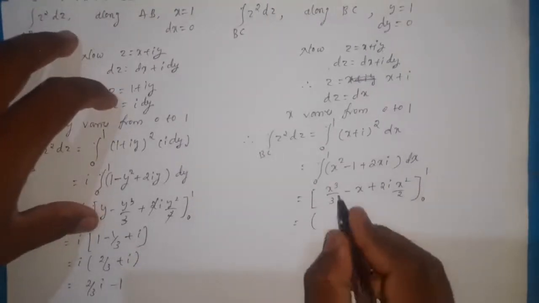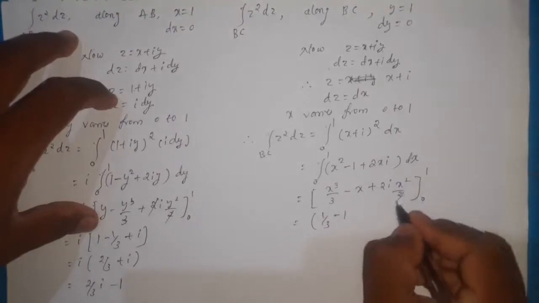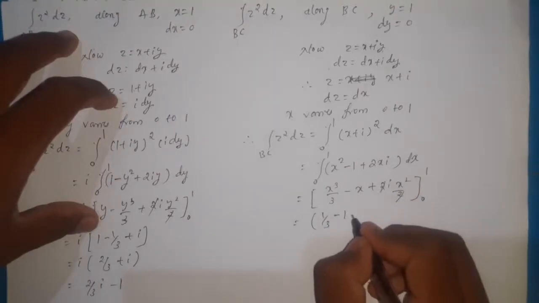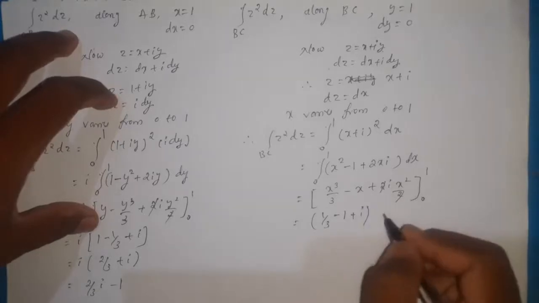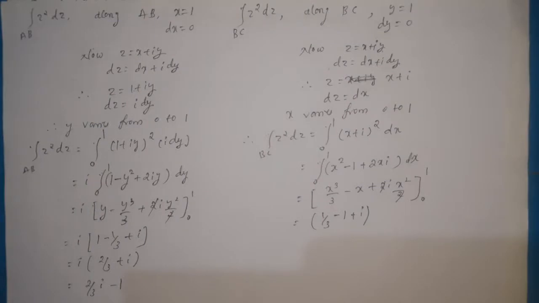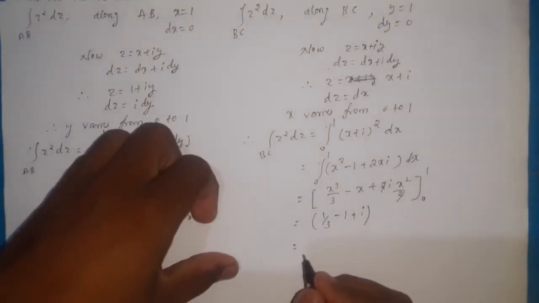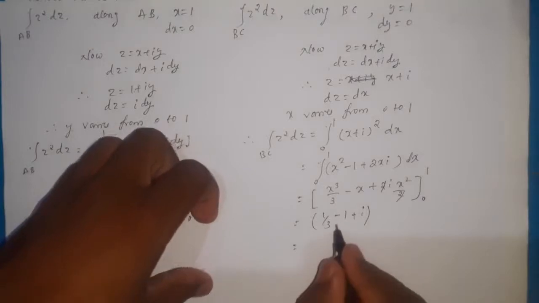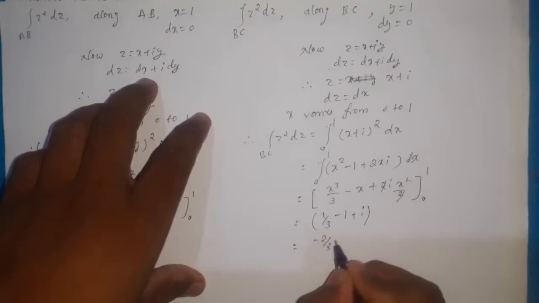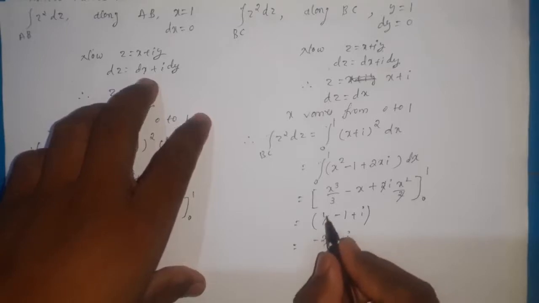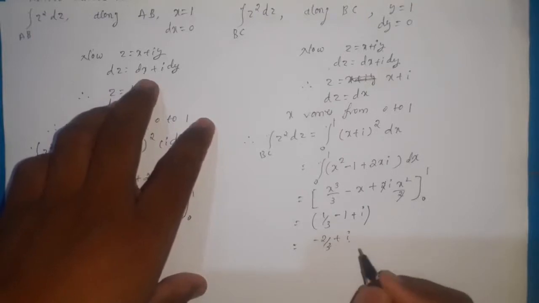Then it is equal to 1 by 3 minus 1, so 2 to get cancelled, plus I for x equal to 1, and for x equal to 0 all the terms will get 0. Then this is equal to minus 2 by 3 plus I, because 1 by 3 minus 1 is minus 2 by 3 and I as it is.